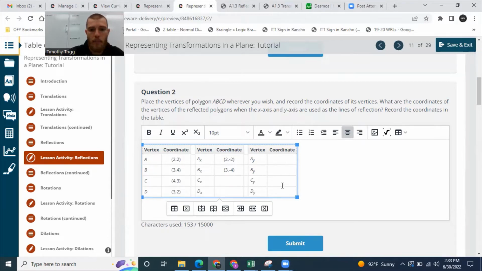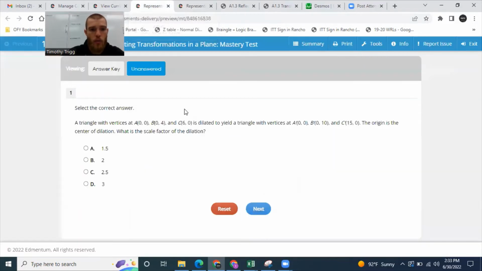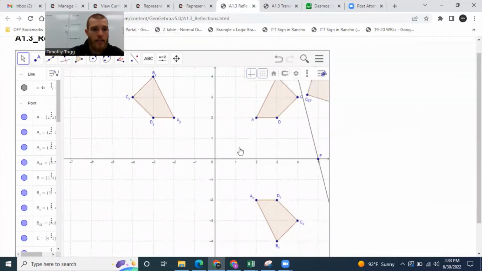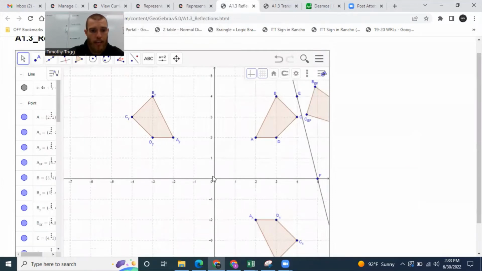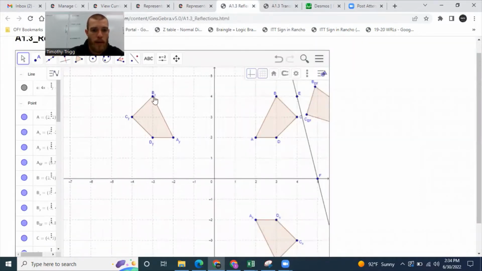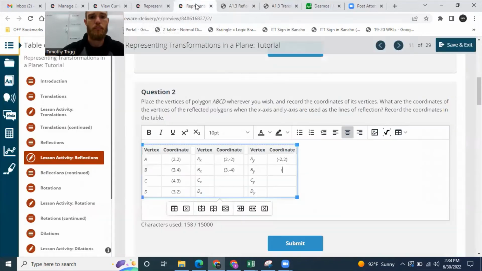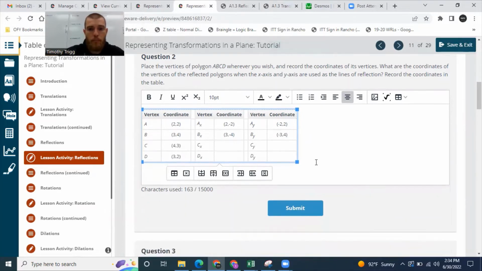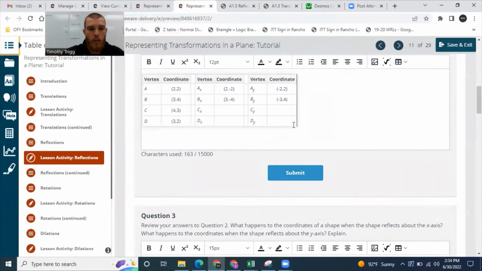Then we're going to do the same for the one that's reflected across the y-axis. In this one's case, A sub y is right here. This is at -2, 2. What about B sub y? That's going to be at -3, 4. And then fill in the rest.